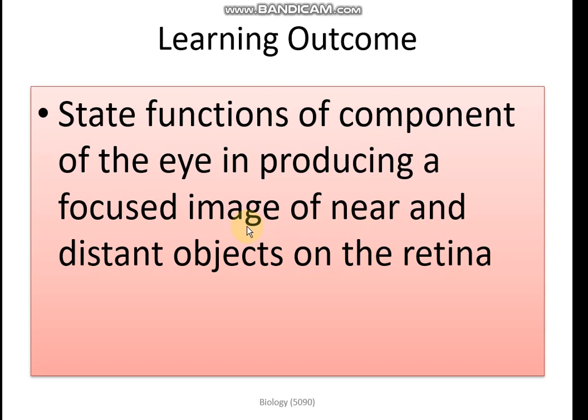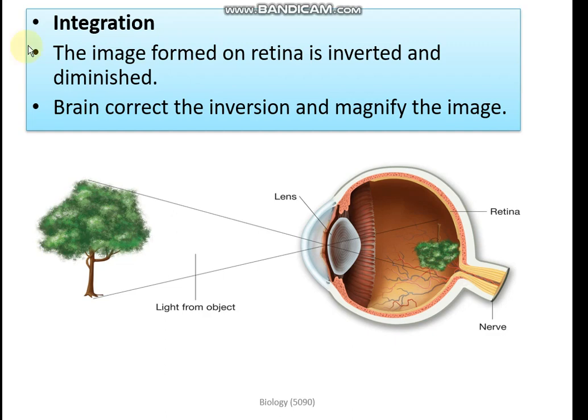Before going into the details of today's topic, first we need to understand two terms. The first one is integration. Now look at this diagram, dear students. When we see an image, initially a very small, diminished and inverted image is formed on retina. Then the optic nerves carry this information to the brain. Then the visual center of the brain will interpret this image.